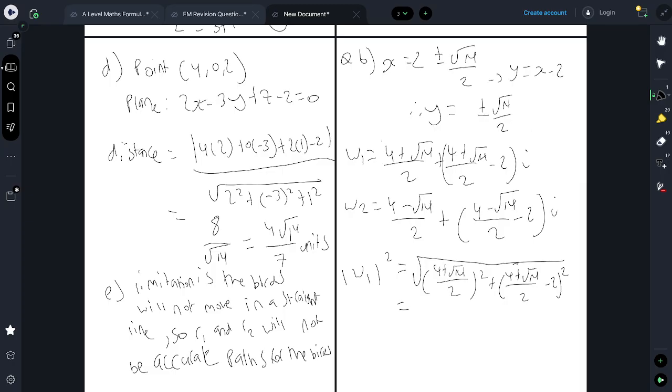I'm doing this, by the way, because the calculator isn't giving an exact value, which I think is because we need to simplify this. So w1, just to simplify, would be 2 plus root 14 over 2 plus root 14 over 2i.